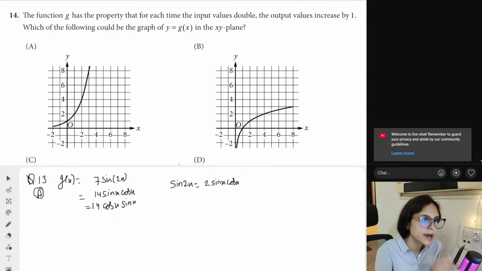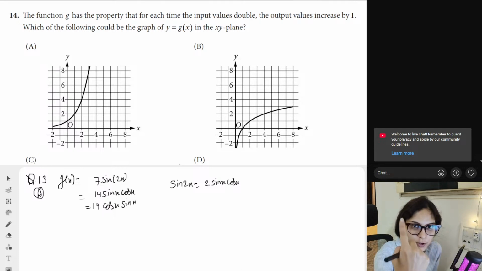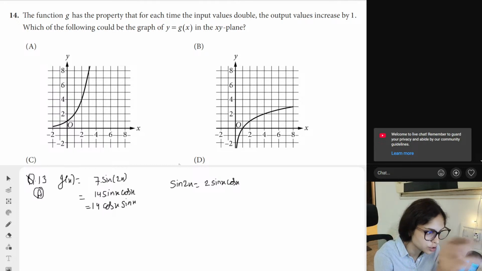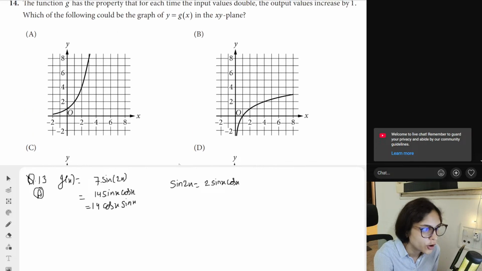The function g has the property that each time the input value doubles, the output value increases by 1. So input is proportional, output is linear. So that makes it a logarithmic function. Option A is exponential, option B could be, and options C and D are linear, so they are gone.